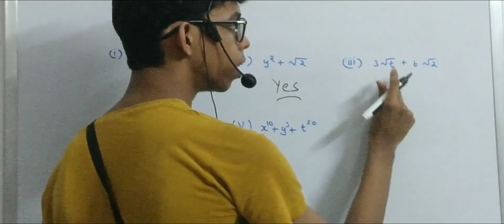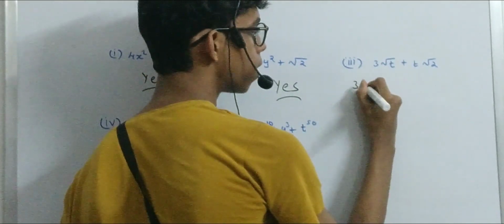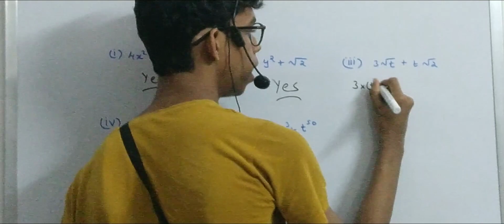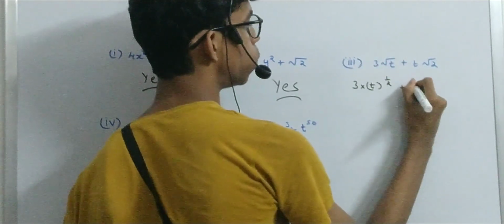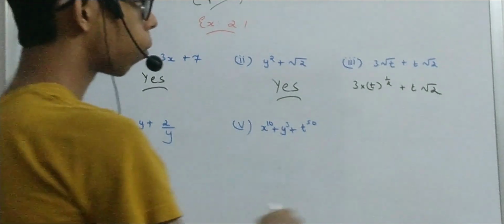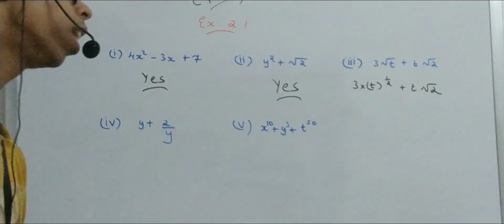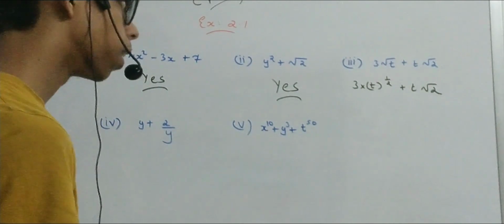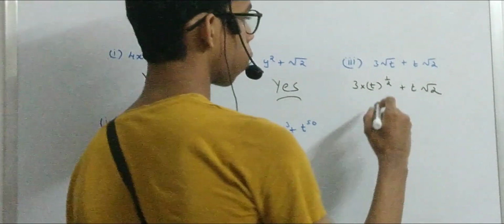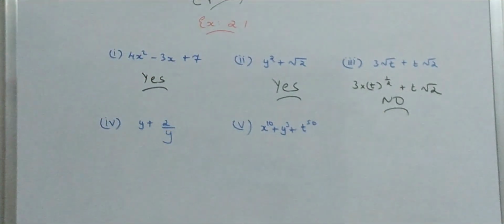If you see over here, this root t, we can write it as t raised to 1 by 2, plus t root 2. So if you can see over here, the power of the variable is not a whole number, it is a rational number. So definitely this cannot be a polynomial. Why? Because the power of the variable is not a whole number. So this is not a polynomial in one variable.